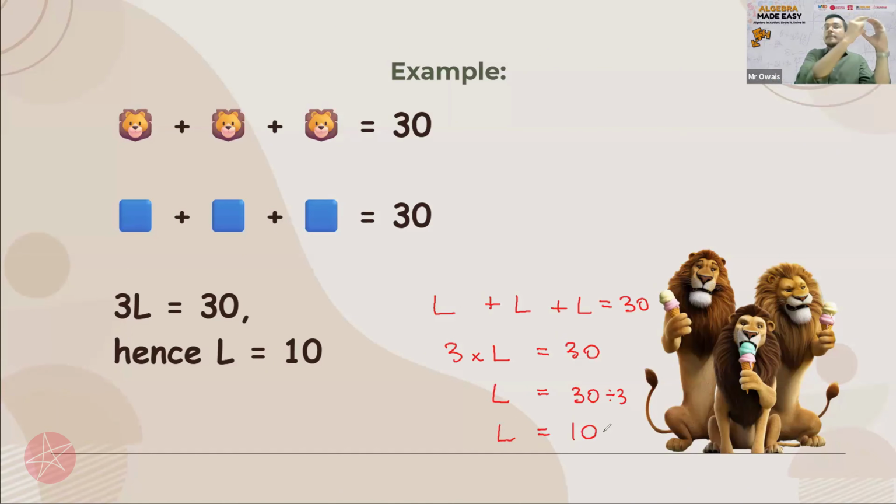It's moving on from pictures to letters or symbols instead, just to make our working a little bit faster. So it means that L, the number of ice creams that each lion had, was simply 10. So far, what have we discussed? We've discussed the part whole model and the unit model, and now we're actually moving on to algebra equations, right?